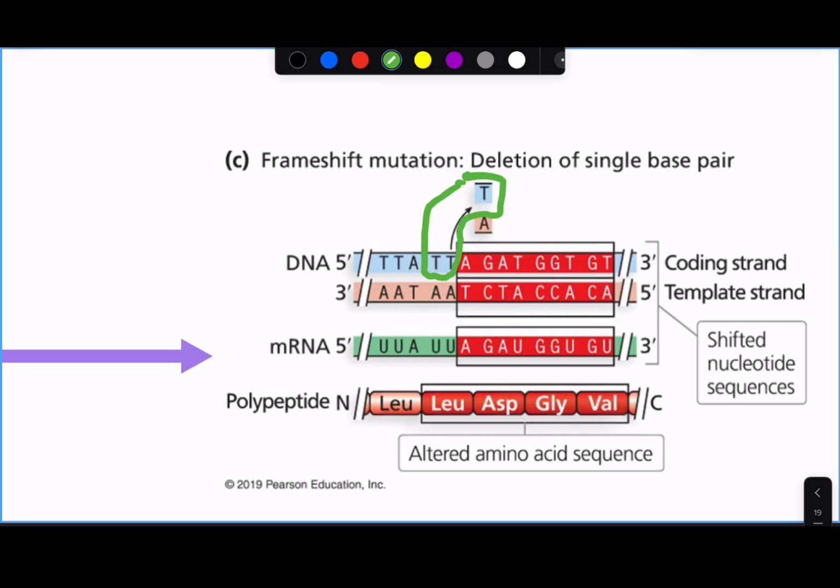I emphasize the word shift because it's in frame shift. So there's a shift in the sequence. But there is also a shift in what we call the reading frame. Because remember that the ribosome is looking into the mRNA through that sort of small window of one codon at a time, right?